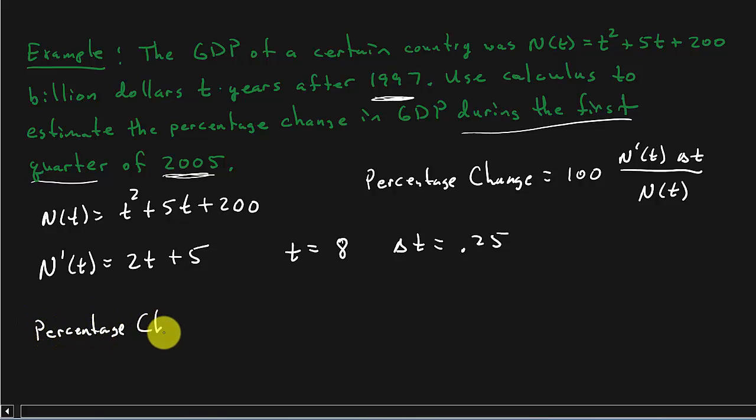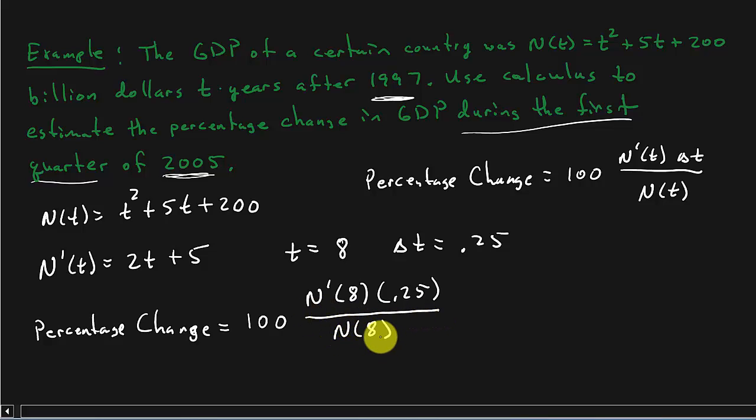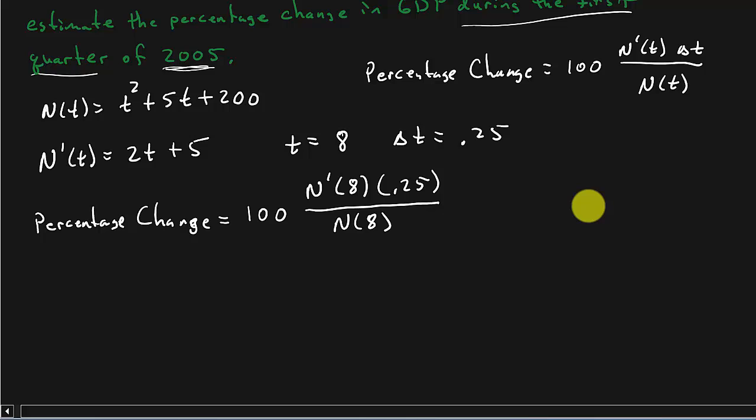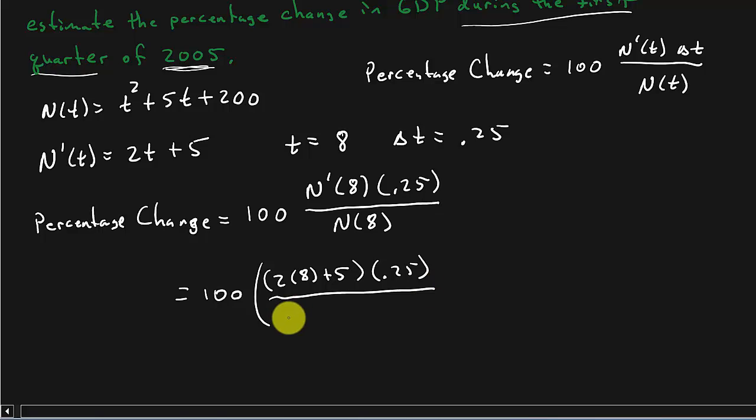So the percentage change is equal to 100 times N prime of 8 times 0.25 over N of 8. So that's 100 times, N prime of 8 is 2 times 8 plus 5, times 0.25, over N of 8, which is 8 squared plus 5 times 8 plus 200.